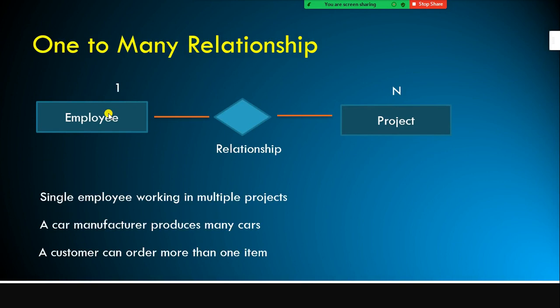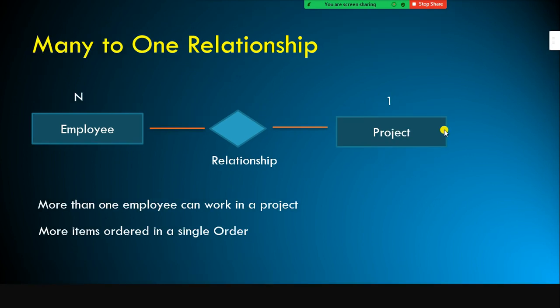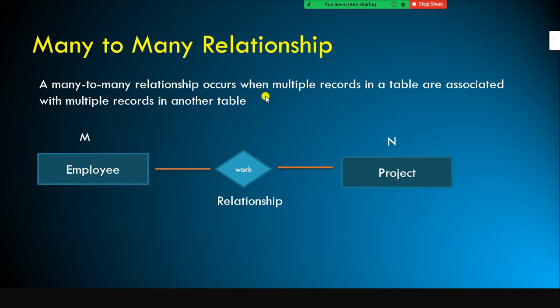In the previous case, the many table is located on one side, but in this case, on both sides we have many tables. A single employee can work on more than one project. Each project can have more than one employee. Okay, so this is a many-to-many relationship.